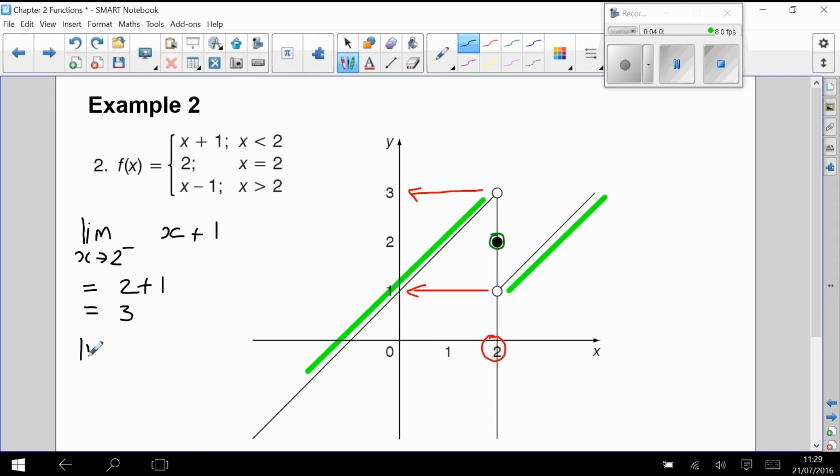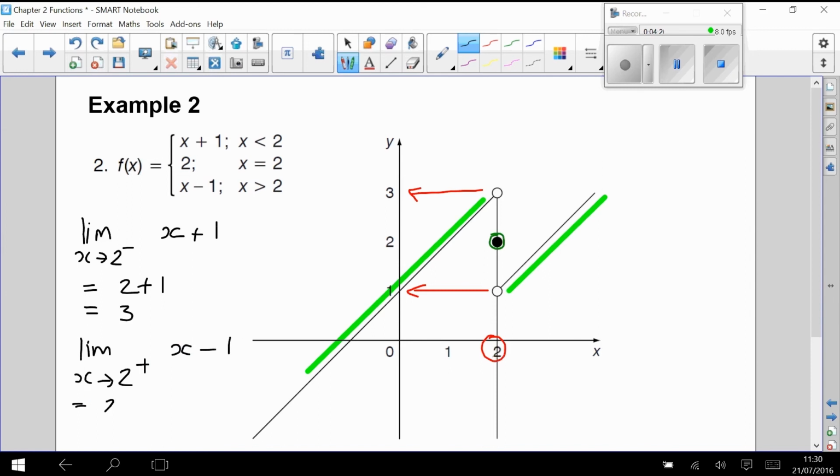Now let's take a look, without looking at our diagram. How is my graph tending towards x is equal to 2 from the right-hand side? So that means from the part of the graph that I drew for the x values greater than 2. Well, this portion of the graph is expressed in x minus 1.